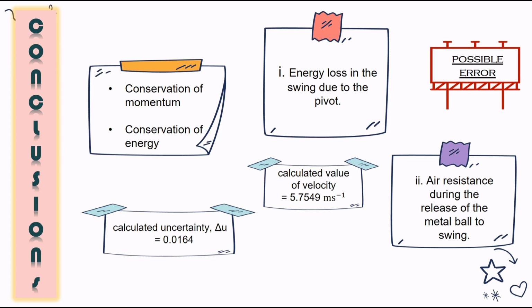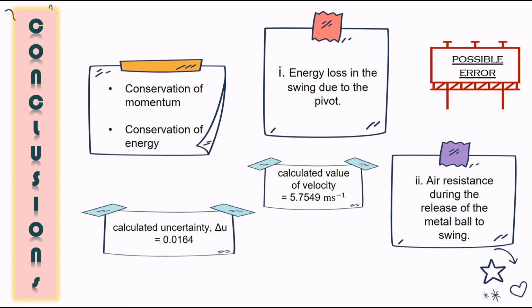The object here is the metal ball, but we also got the uncertainty from this experiment, which is 0.0164. The biggest contributors to uncertainty are possible errors.